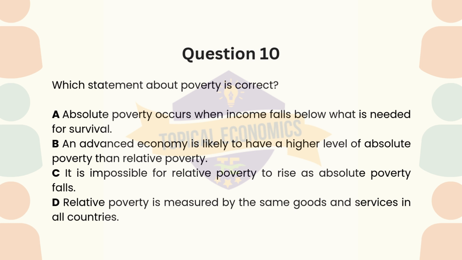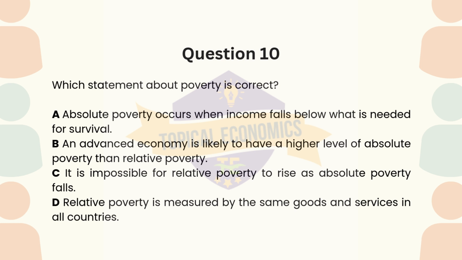But still, let us look at the other options also. Option B, an advanced economy is likely to have a higher level of absolute poverty than relative poverty. Now, this is incorrect because an advanced economy typically has lower levels of absolute poverty compared to relative poverty, because it usually has more resources to support those in need.